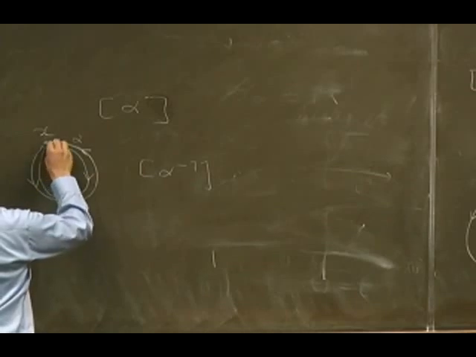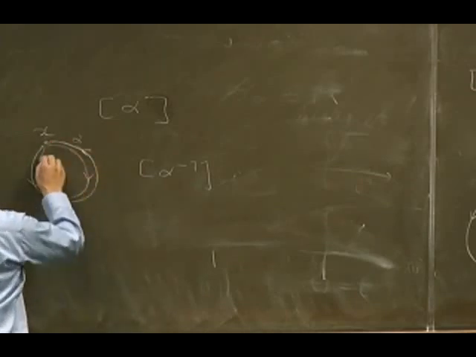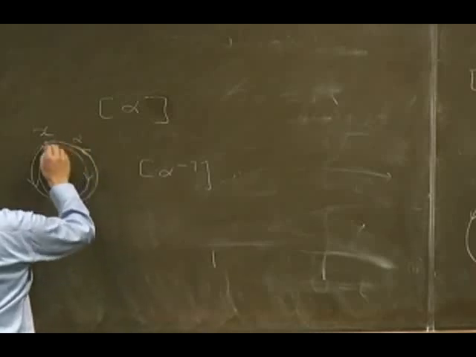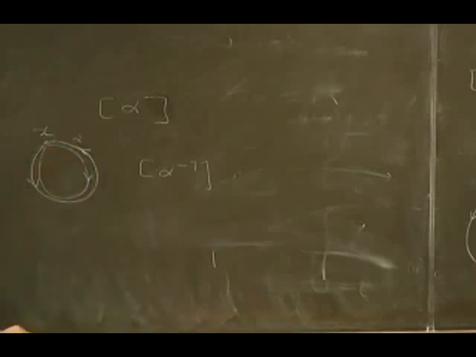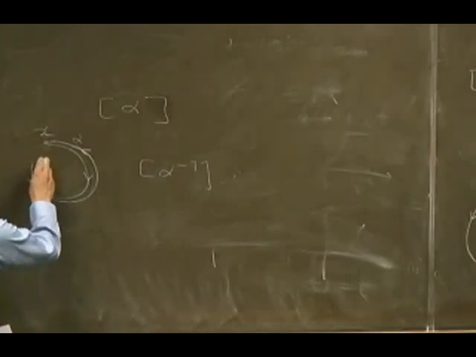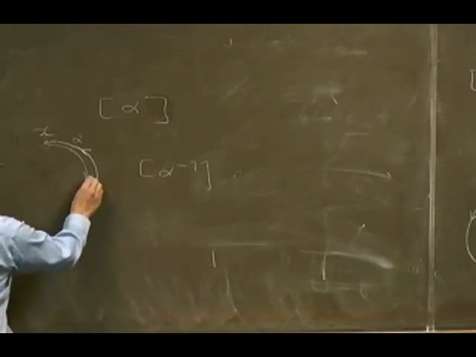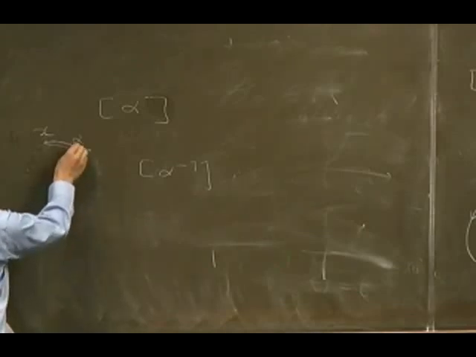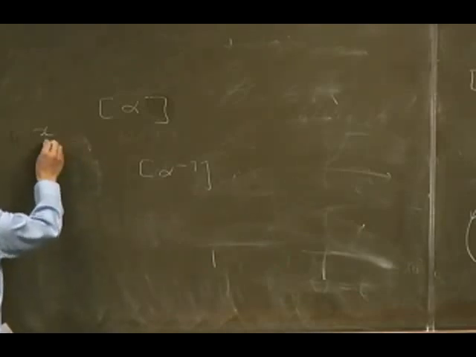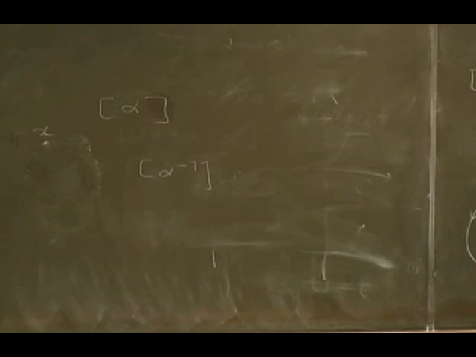If you multiply them together, what you do is you go around here first and then come back, but then you cut this a little bit because it's a midpoint, so you don't have to stick to this endpoint. And then you continuously deform this map like that. And then it becomes an identity map.